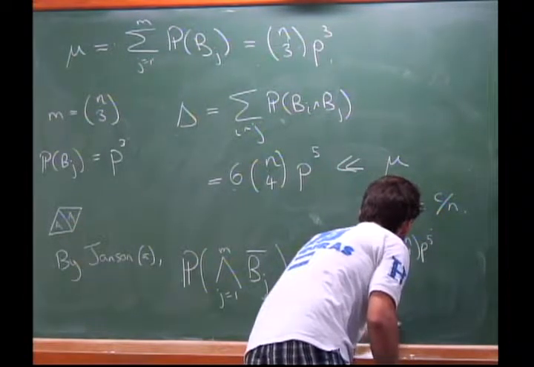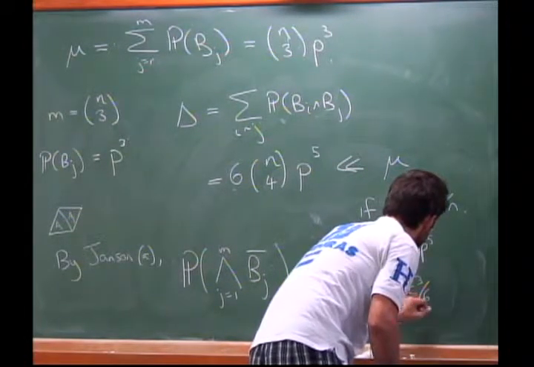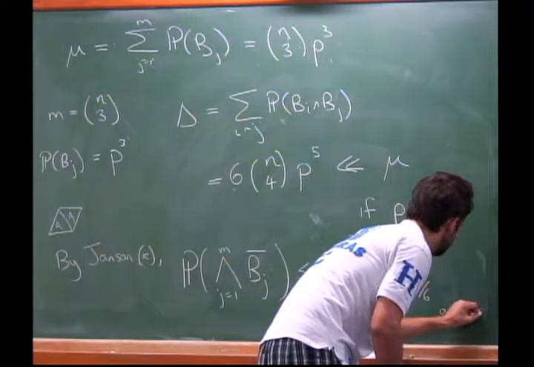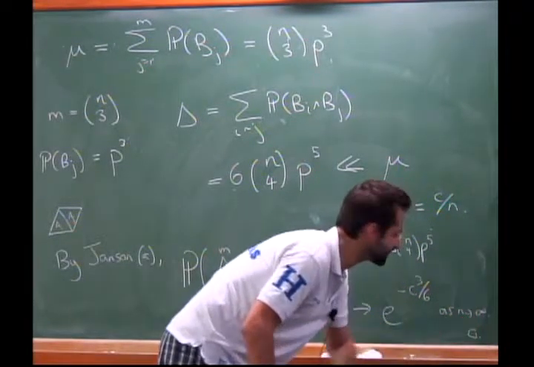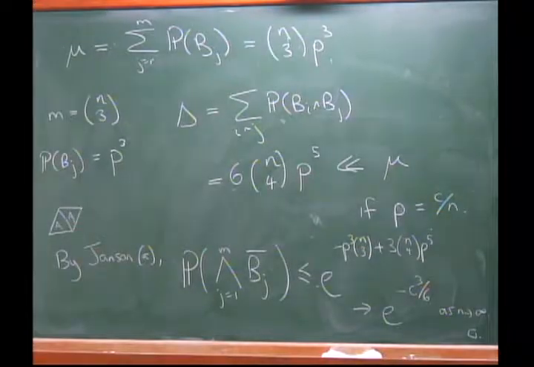This converges to e to the minus c cubed over 6 as n goes to infinity. Okay? Easy.